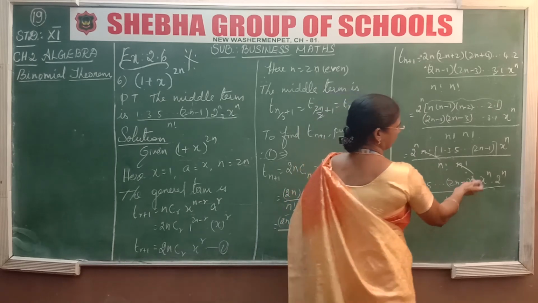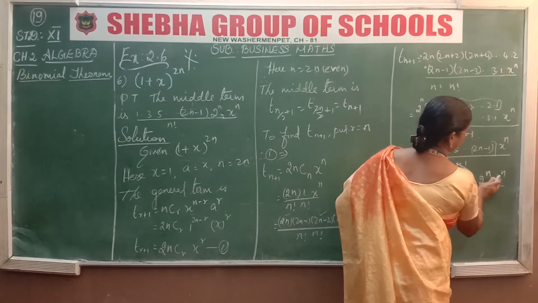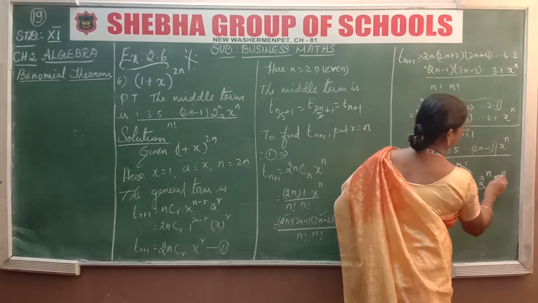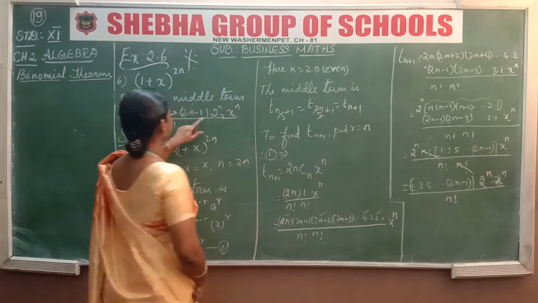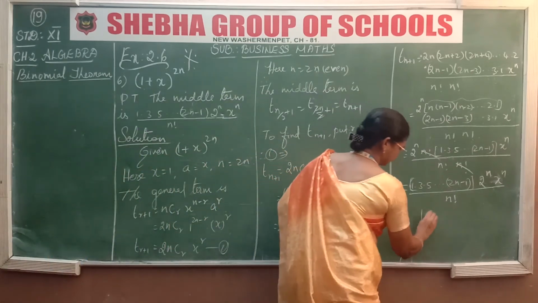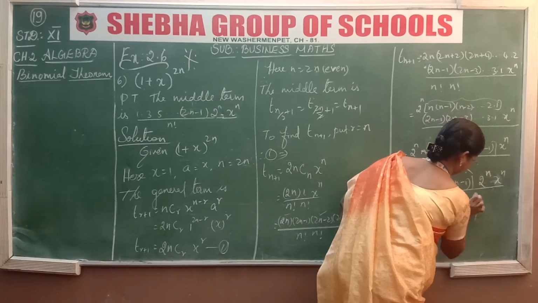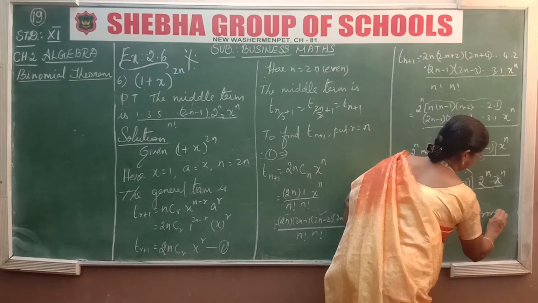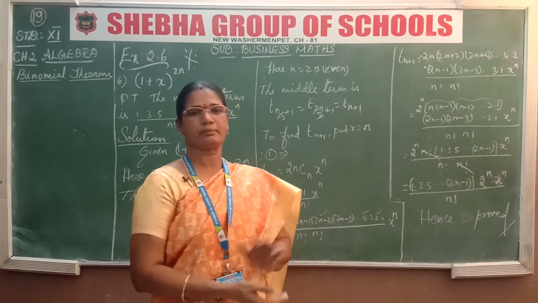So I write first 2 power n and then write x power n also. These two are same only. For the given answer we write this like this, 2 power n into x power n. We get the answer, isn't it? Hence the result. Hence proved also. Understood? The 7th sum also very important.